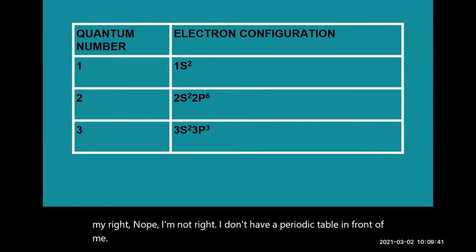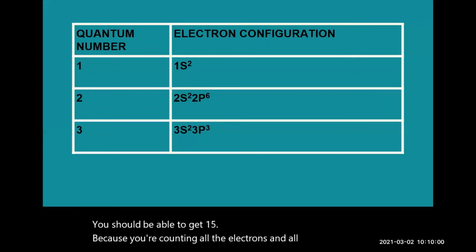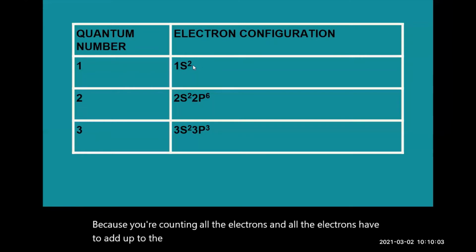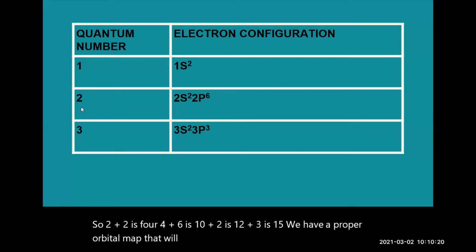It's 15. So the atomic number of phosphorus is 15. If you add up all the little numbers, you should get 15, because you're counting all the electrons, and all the electrons have to add up to the atomic number. So 2 plus 2 is 4, 4 plus 6 is 10, plus 2 is 12, plus 3 is 15. We have a proper orbital map that will lead us to an electron configuration.